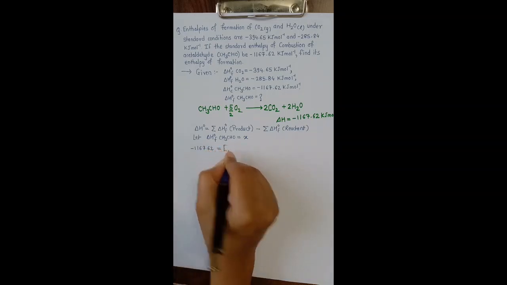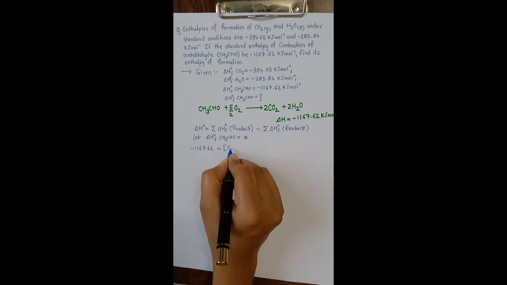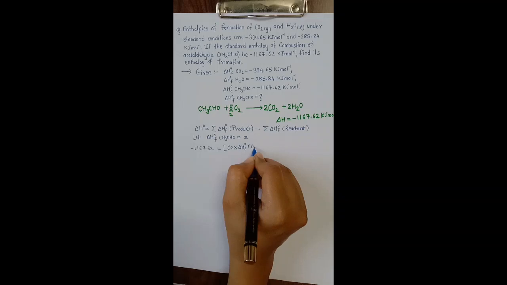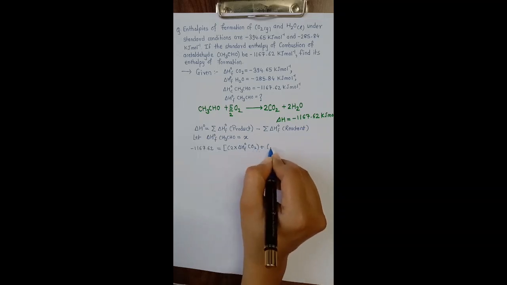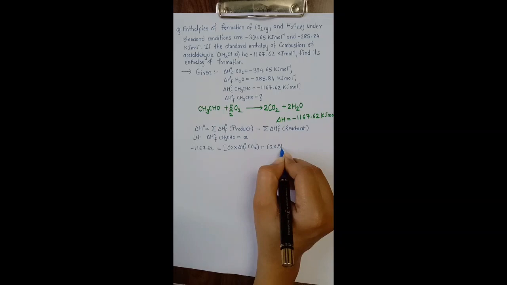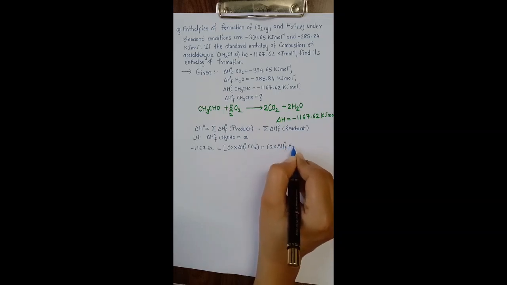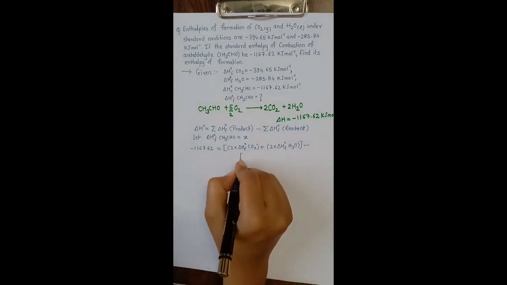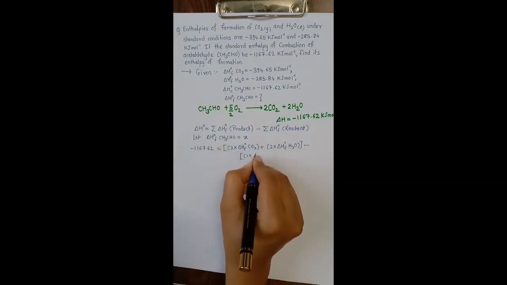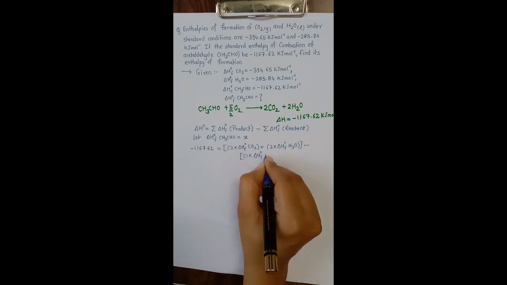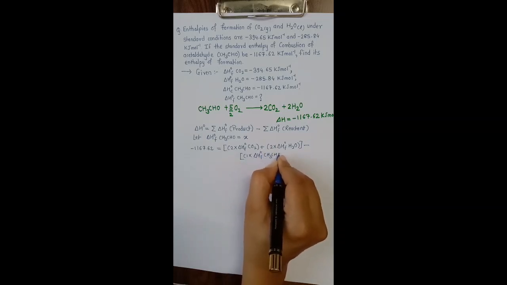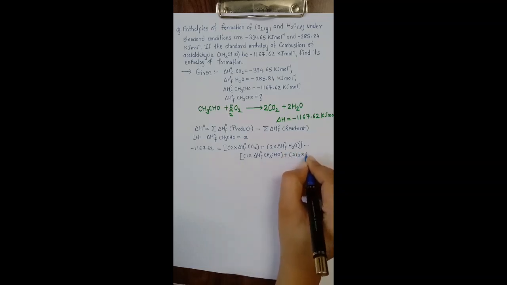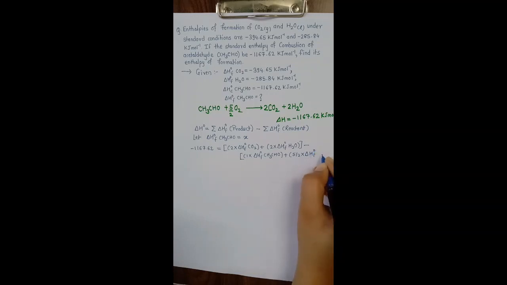So now 2 into delta HF naught of CO2 plus 2 into delta HF naught of H2O, minus 1 into delta HF naught of CH3CHO plus 5 by 2 into delta HF naught of O2.